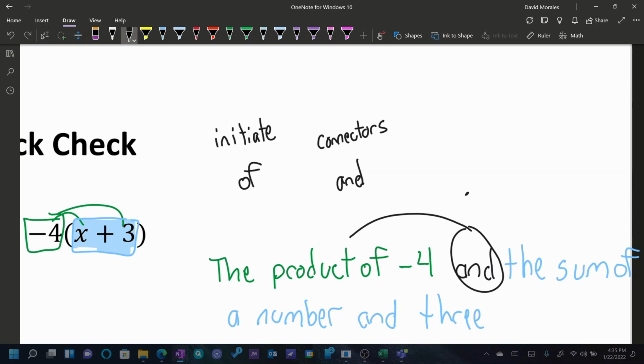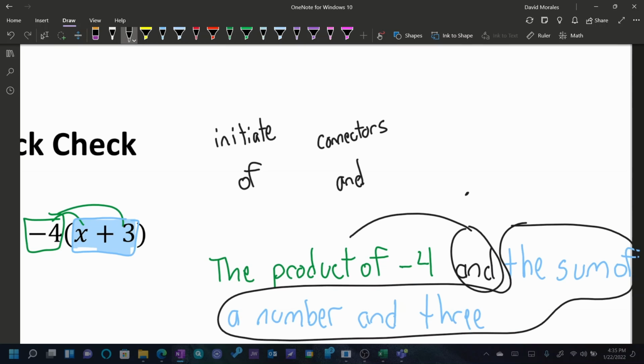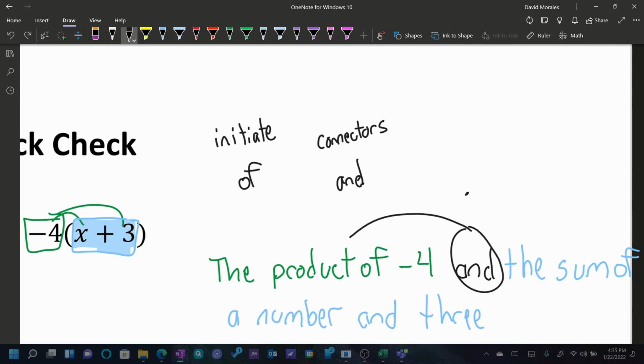Who's the second participant? An actual group of addition, x plus 3. So that's how you handle that.